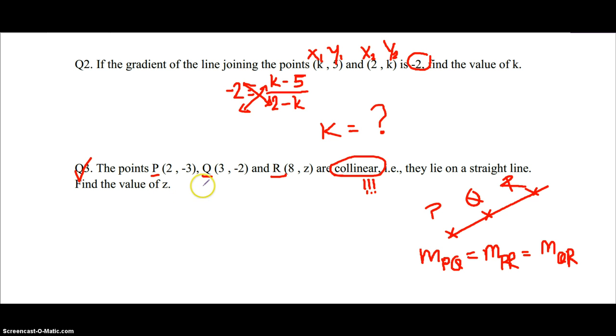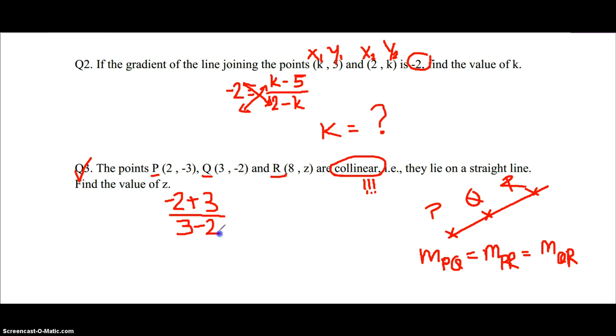Basically, you can write M of PQ is equal to M of PR. For M of PQ, you find y2 minus y1, so y2 minus 3, which is plus 3, over x2 minus x1.